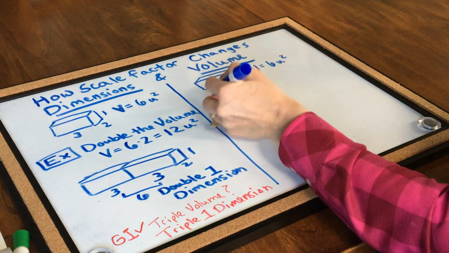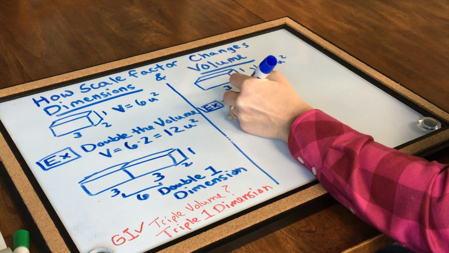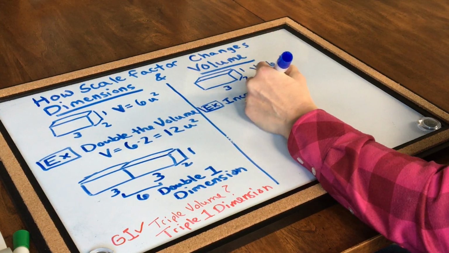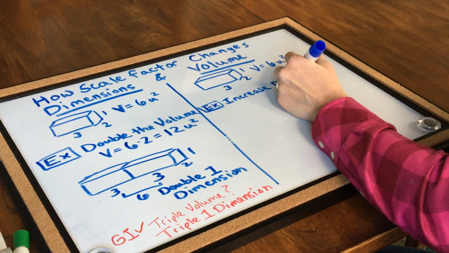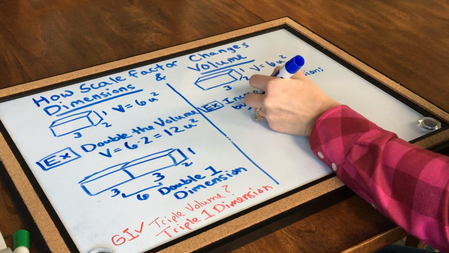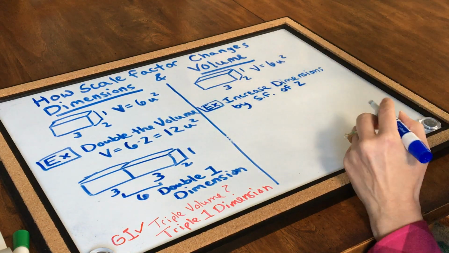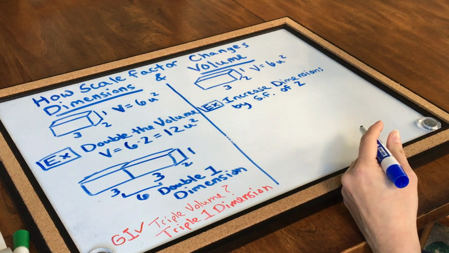So this time I'm going to increase the dimensions by a scale factor, and I'm going to abbreviate that SF, of 2. So I'm doubling the dimensions.